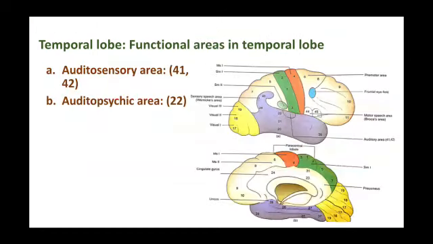Mainly we are having two functional areas, that is auditosensory area 41 and 42, and auditopsychic area number 22. We'll take up each of these one by one.